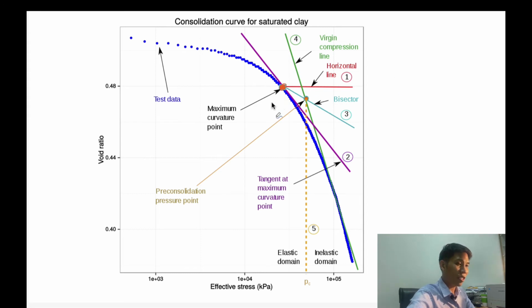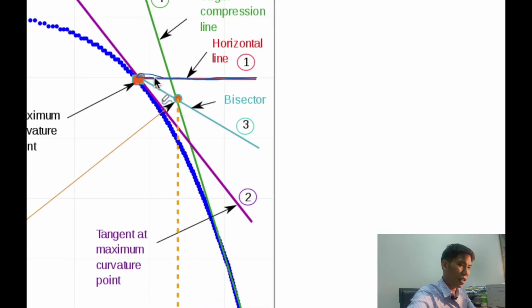After that, you draw a horizontal line like this. And after that, you draw this line, a tangent to the maximum curvature. It's line number 2. And after that, you draw line number 3 up to here.